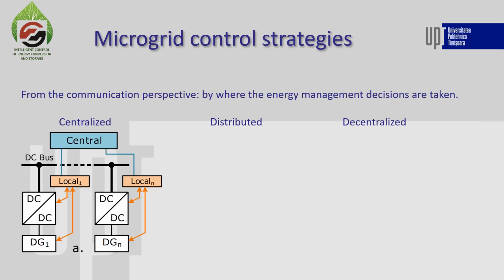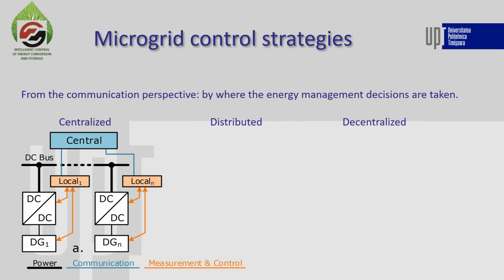The centralized microgrid, as the name suggests, has a central control system which communicates with all converters and distributed generators from within the microgrid and measures all electrical parameters from the system. Information from each unit is acquired in a single centralized place. It is processed and commands are sent back to each local controller.